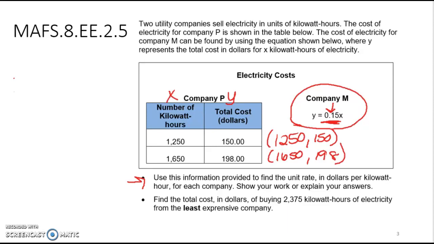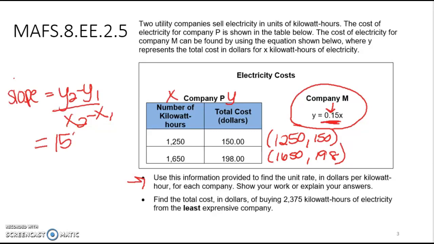So I'm going to find that rate of change, or find that slope, by using y2 minus y1 over x2 minus x1. So remember, it doesn't matter which one you use as y2 or y1 as long as you use y's and x's. So I'm going to do 150 minus 198 over 1250 minus 1650. So let me take out my handy dandy calculator here and compute this.